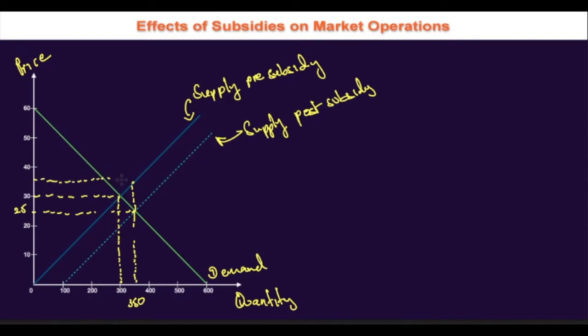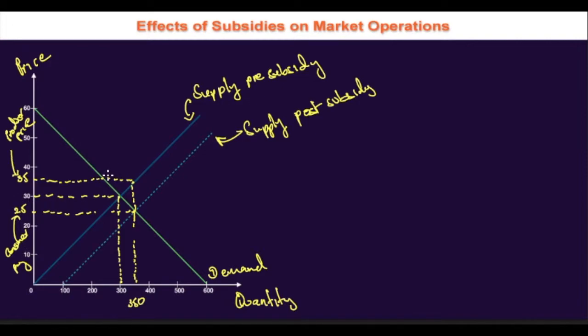They are selling at 25, but the producers actually get 35 rupees, as we discussed in the equation. So this is the price that the supplier receives, the producer price, and this is the price the consumer actually pays, the consumer paying price.